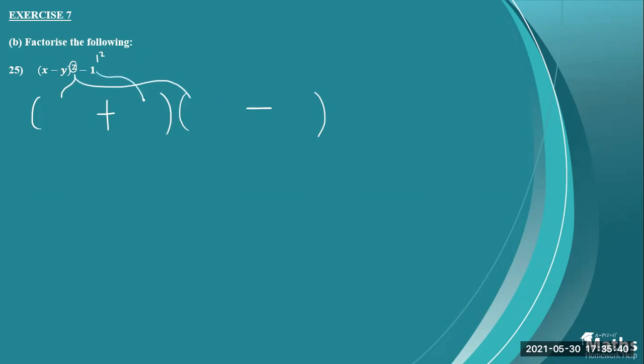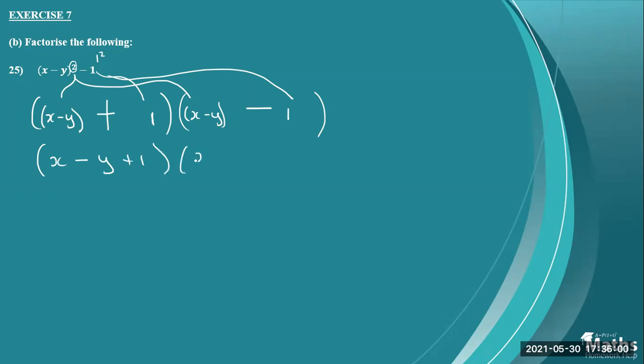And the 1 is split up into a 1 there and a 1 there. So we write the x minus y here. We just split up the little bracket. And a 1 there and a 1 there. Then we simplify by getting rid of the bracket. x minus y plus 1 and x minus y minus 1. Right, 2 to go.